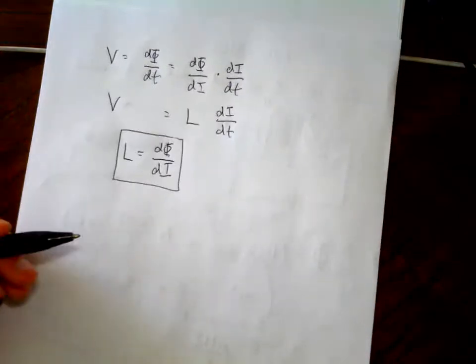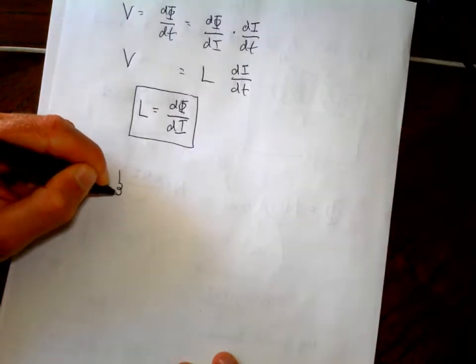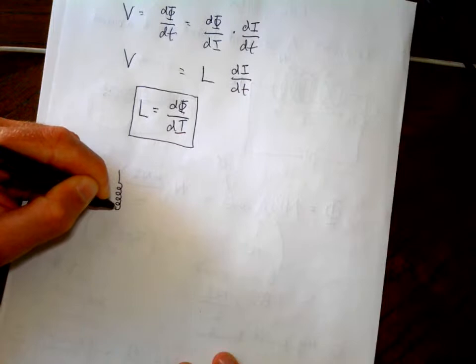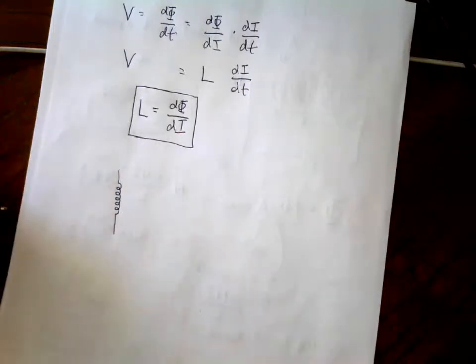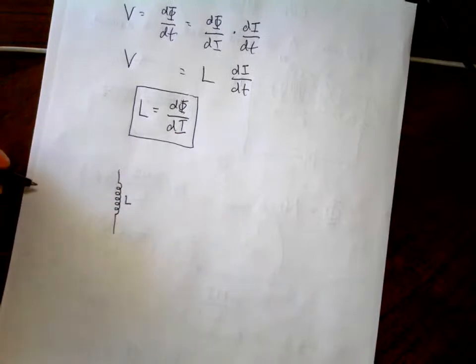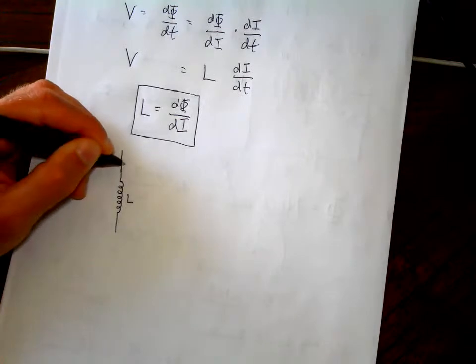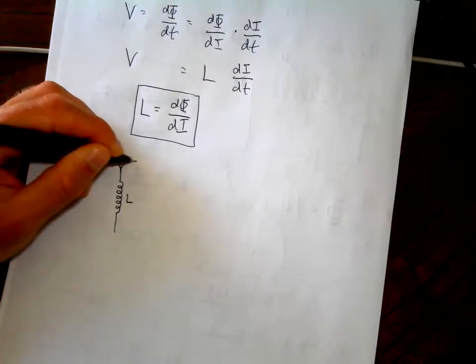So let's talk a little bit about inductors. This is the circuit symbol for an inductor. An inductor is basically just a curly Q, and you would write L next to it. Let's say the inductor has current flowing through it.